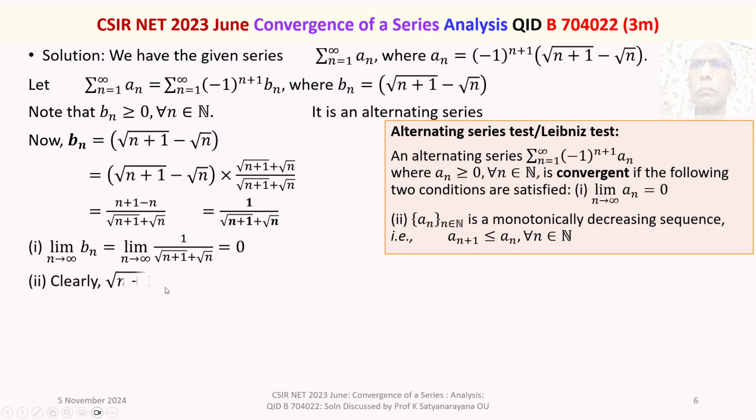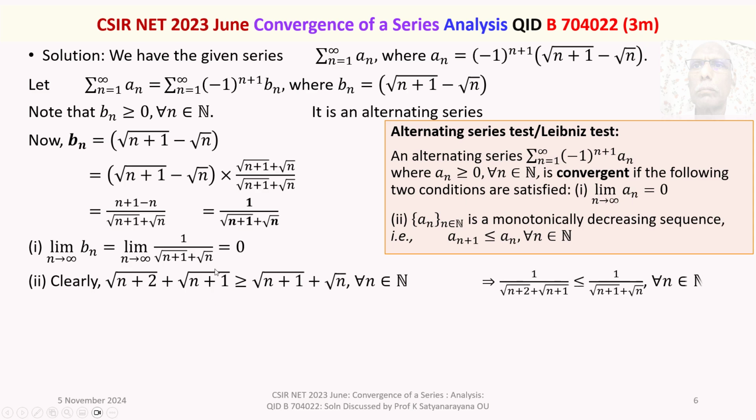Now, clearly, square root of n+2 is greater than square root of n+1, and square root of n+1 is greater than square root of n. Therefore, square root of n+2 plus square root of n+1 is greater than or equal to square root of n+1 plus square root of n. Now, taking the reciprocals on both sides, 1 by square root of n+2 plus square root of n+1 is less than or equal to 1 by square root of n+1 plus square root of n, for all n belonging to the set of natural numbers.